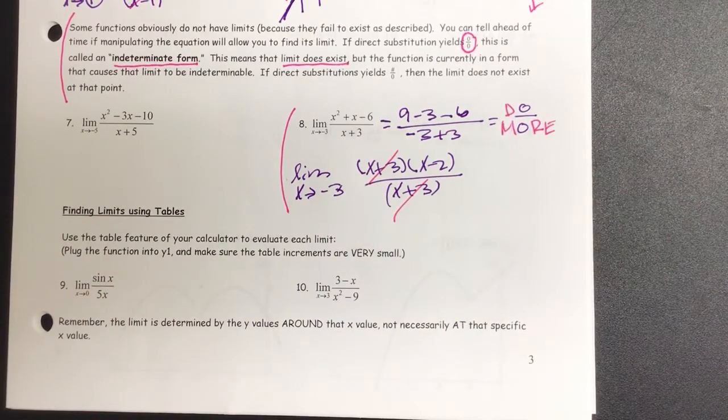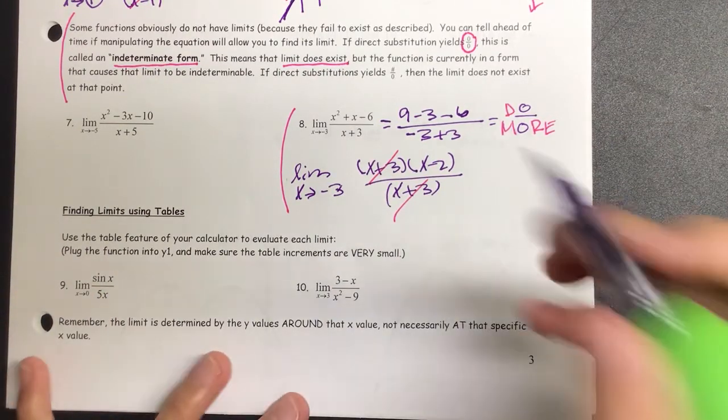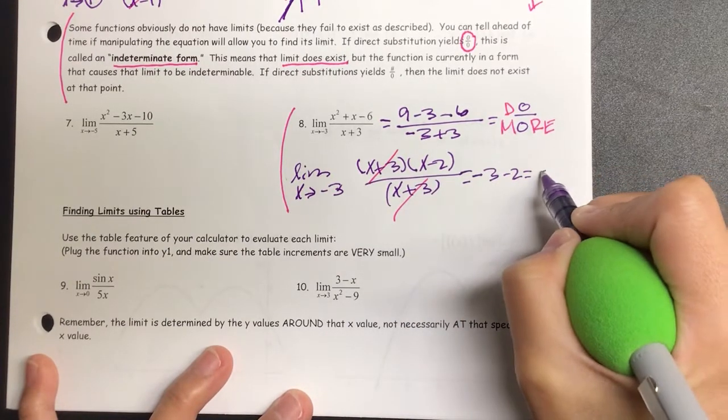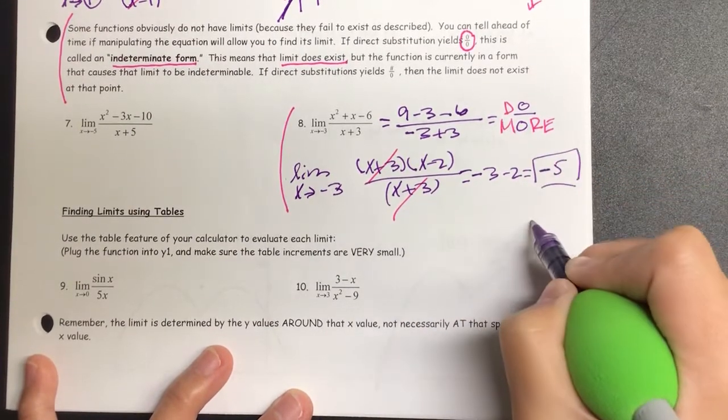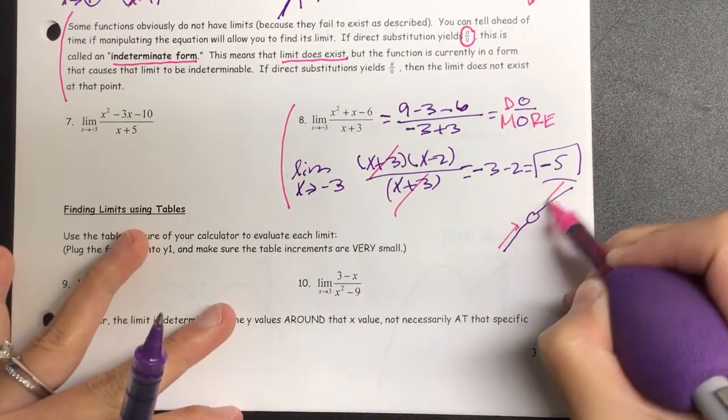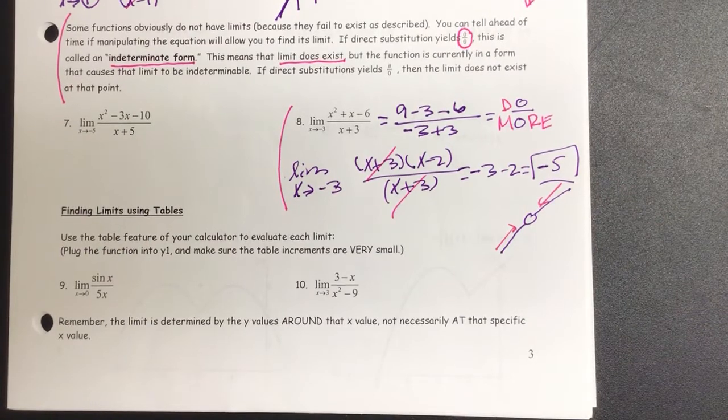And then once that's eliminated, what am I allowed to do after? Plug in. So negative 3 minus 2 was how many? Negative 5. And again, graphically speaking, it is approaching negative 5, but there is an open circle. And again, approaching means there is a limit.